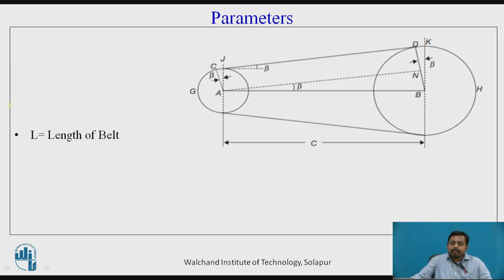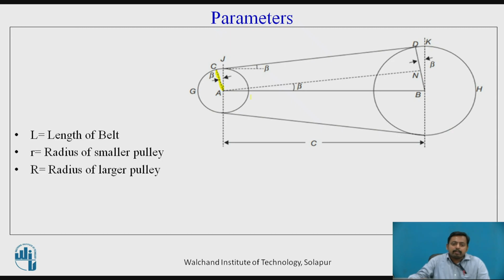Now we will see some parameters that are there in the derivation. The first parameter is the radius of the smaller pulley, denoted by r. In this case AC is the radius of the smaller pulley. Capital R is the radius of the larger pulley. In this case BD is the radius of the larger pulley. Capital C is the center distance between the pulleys.